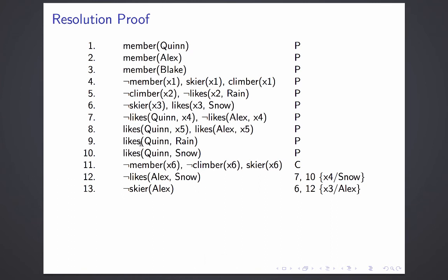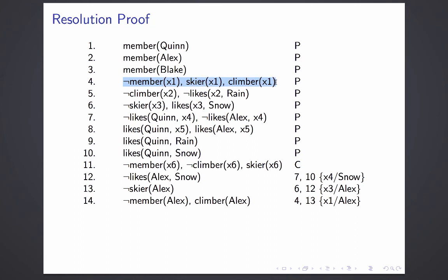Next thing I do is I'm going to resolve 6 and 12. So 6, and then on line 12 is the resolvent I just produced, and so I can resolve on likes and not likes. X3 binds with Alex, and then I substitute Alex in for X3, and I get not skier Alex. Now I'm going to resolve 4 and 13 on skier.